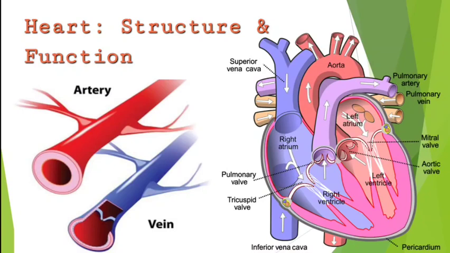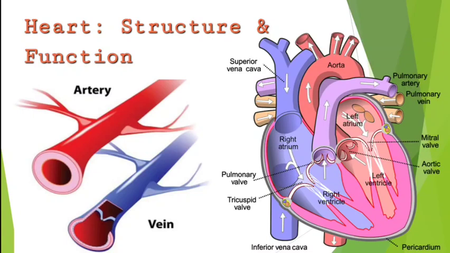And due to this cardiac contraction and relaxation, the blood continuously circulates through the blood vessels. There are two main types of blood vessels. Which are they?